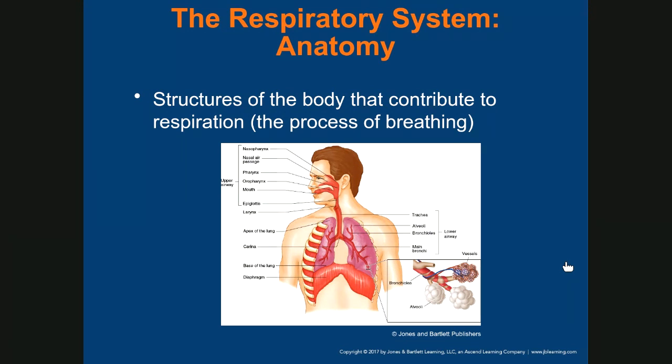The exchange of nutrients and the removal of waste from the cells within the body, right? So that they are able to carry out their normal metabolic function, right? So perfusion is the exchange of oxygen and nutrients and the removal of waste and carbon dioxide from the cells within the body so that they can carry out their normal metabolic function.